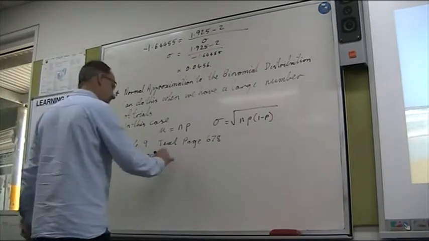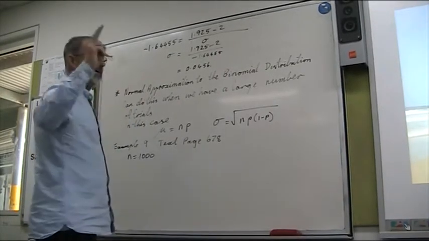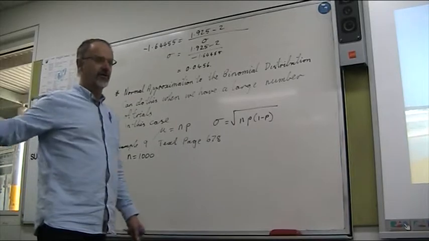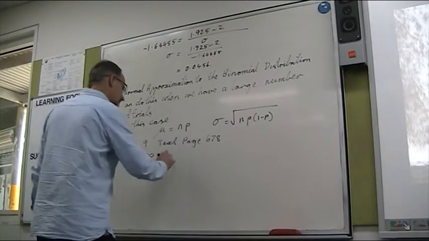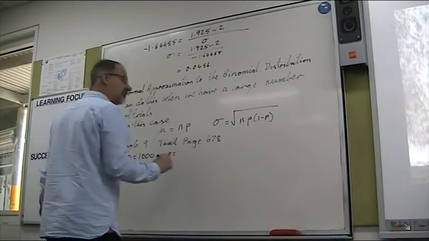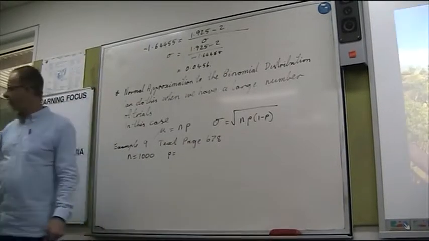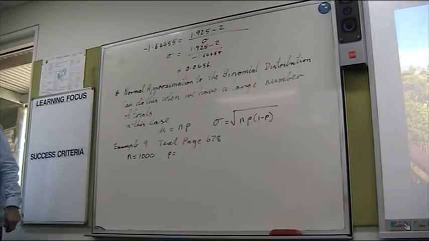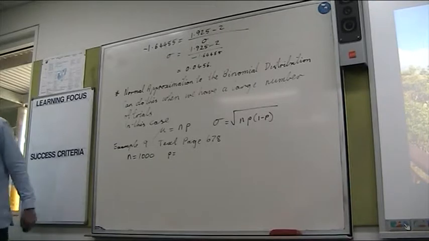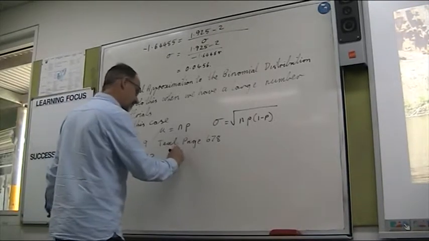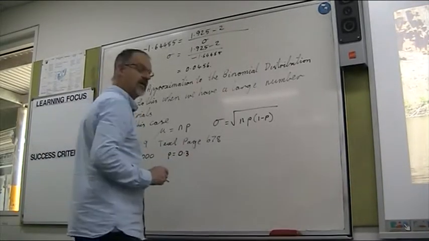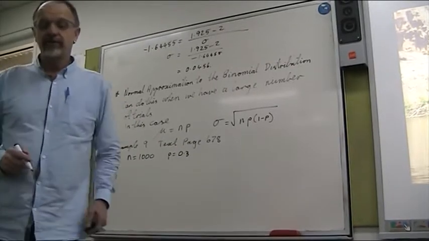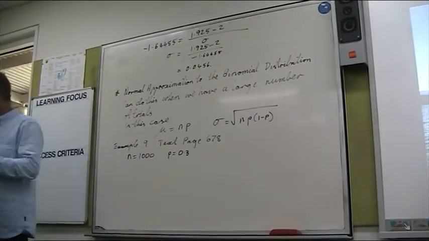So the probability, because remember here, are you in favour of the freeway or are you not? The thing we're looking for is whether you're in favour of the freeway, and it says here we've got 30%, so that would be 0.3. If you're not in favour, it would be the rest.